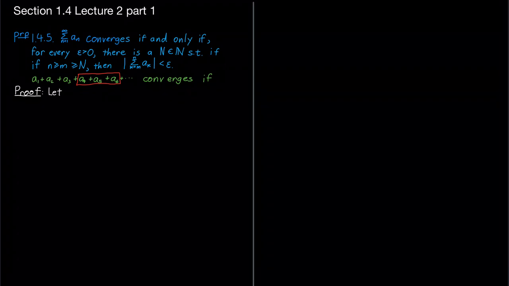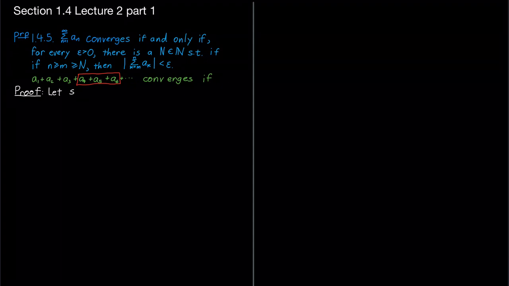Let's define S, but let's use another number we haven't used yet. S sub j is the sum from k equals 1 to j of a sub k.